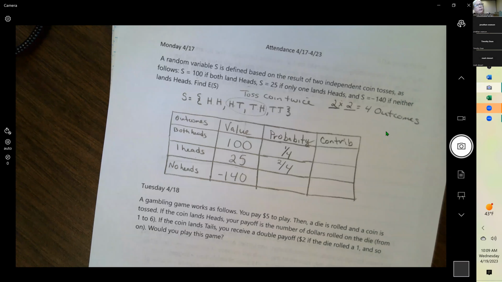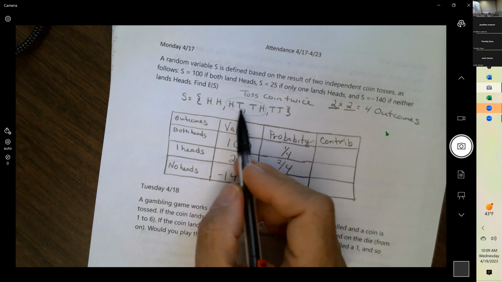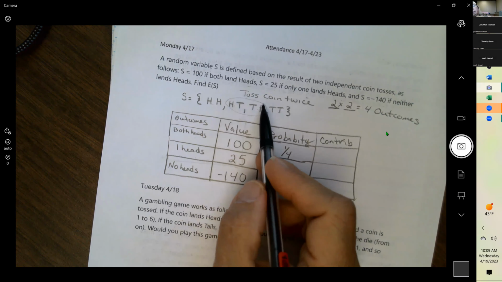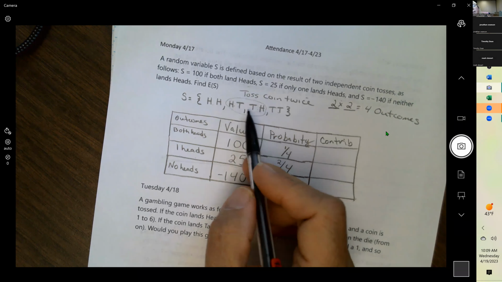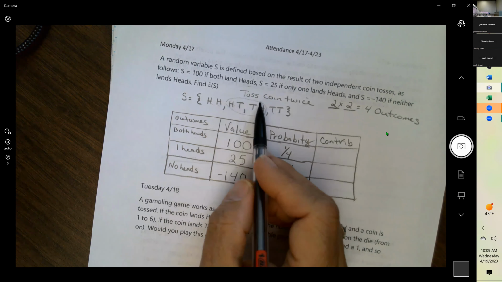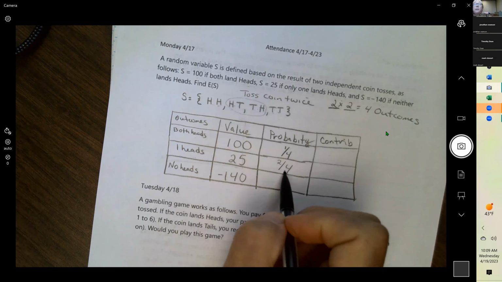Do you see why it's only 2? Those two are technically the same, so you only count one of them. No, we're counting both of these, because the head could be on the first toss or the second toss, but it can only have one of them. This one has 2 heads, this one has 2 tails, so it's just the 2 out of the 4.